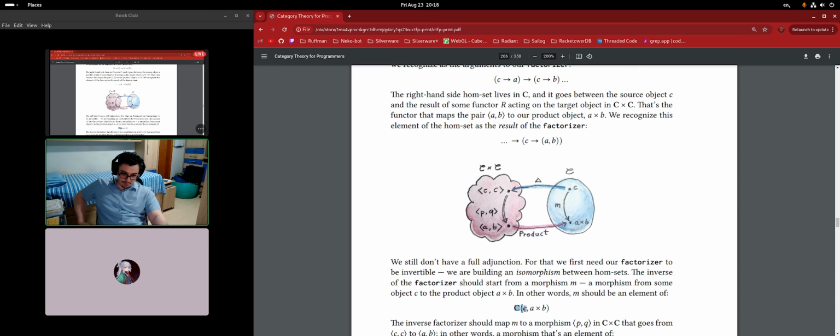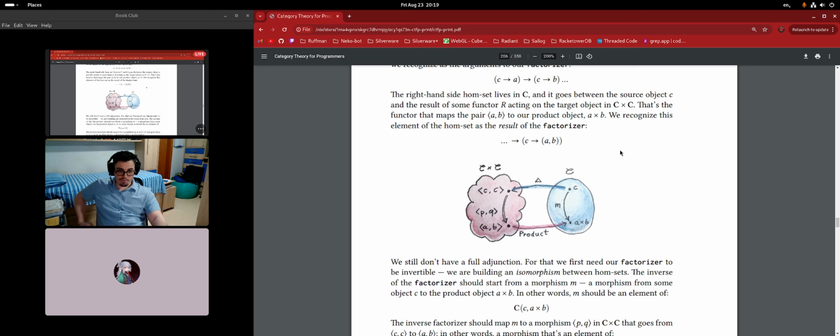So this part follows. The other one is R lifting C. R is a functor acting on the target object. So it picks a C and it lifts to the pair.